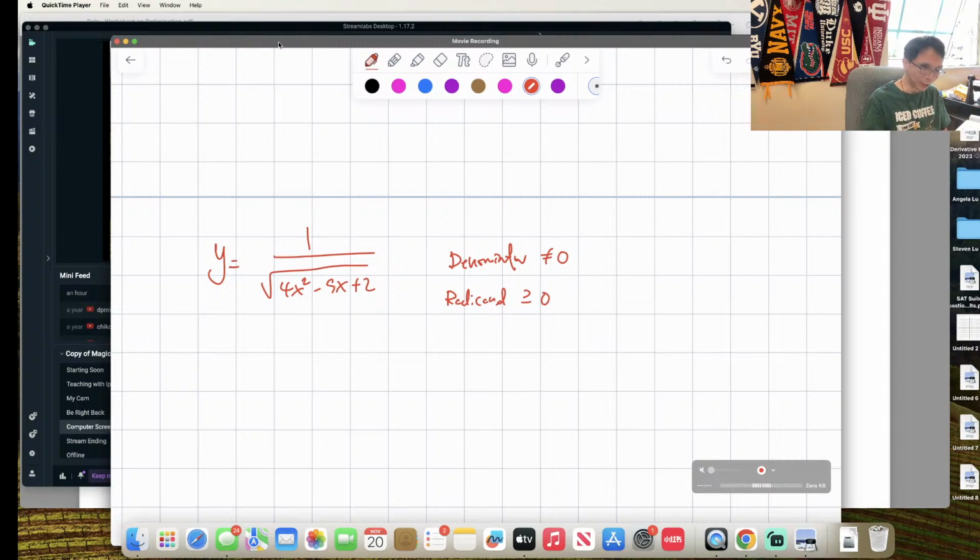So then you start looking at the bottom. It says 4x squared minus 9x plus 2 has to be greater than 0, not greater than or equal to. Usually it'll be greater than or equal to, but if the denominator equals 0, it's automatically undefined. Does that make sense? Usually it will be greater than or equal to if it's an inside radical, which your previous question was.